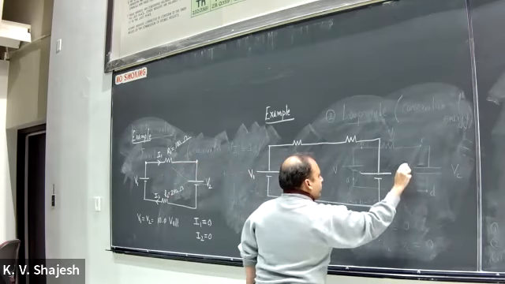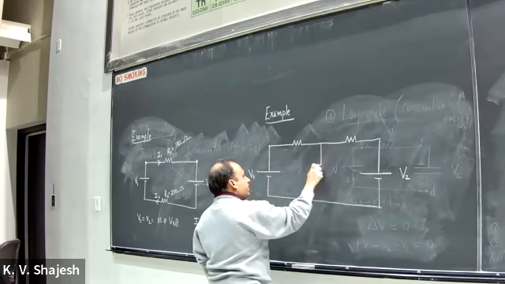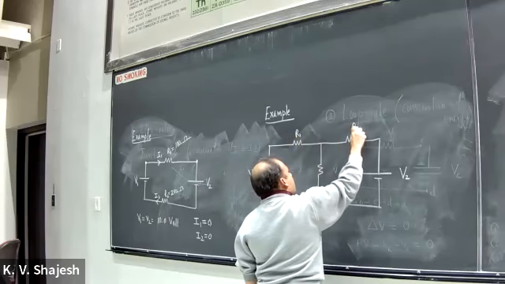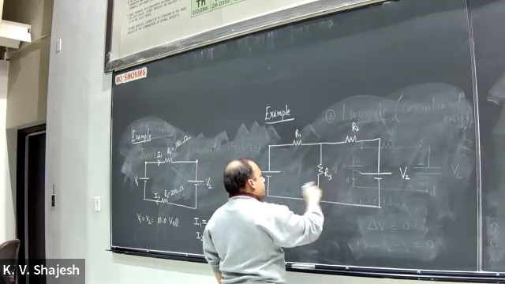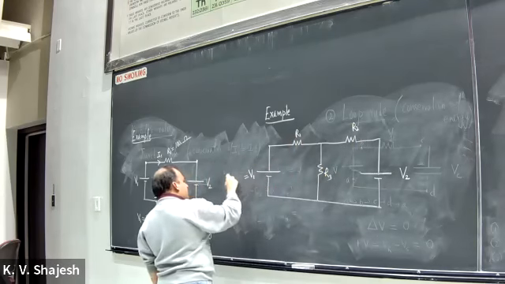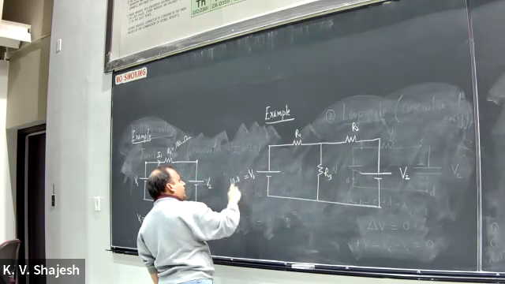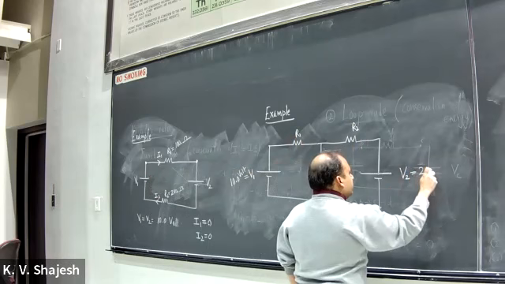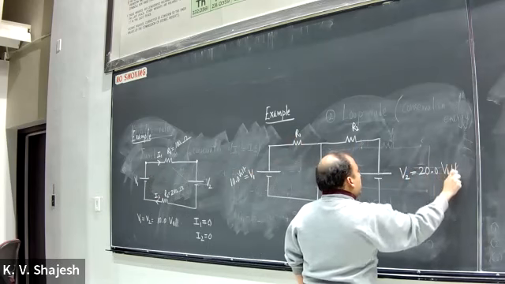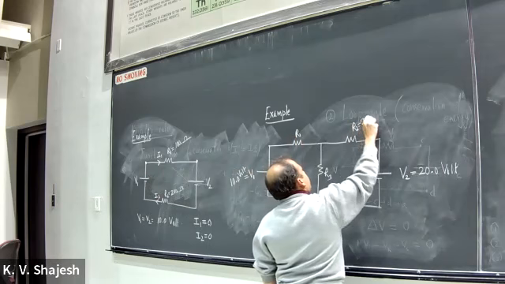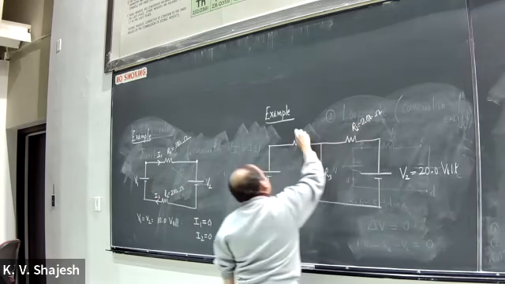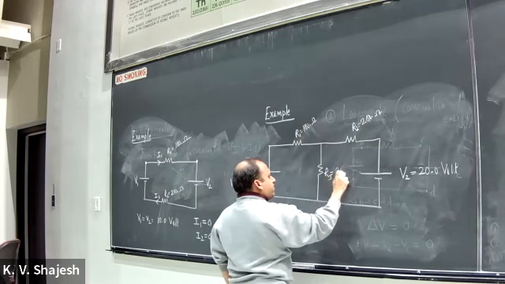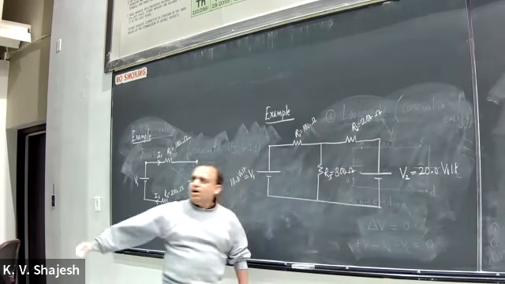V1, V2, and let's have a third resistor here. R1, R2, R3. Let's say this is 10 volts, this is 20 volts. So that's 200 ohms, say 100 ohms, and let's say that's 300 ohms.